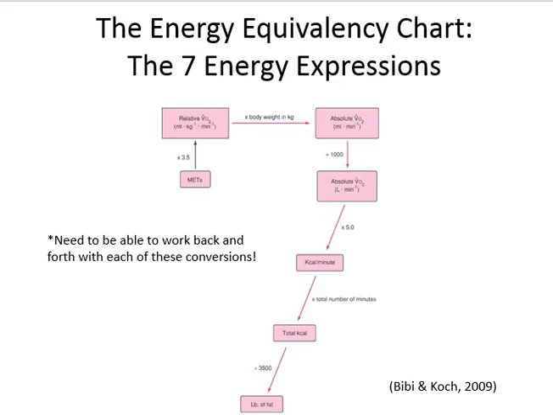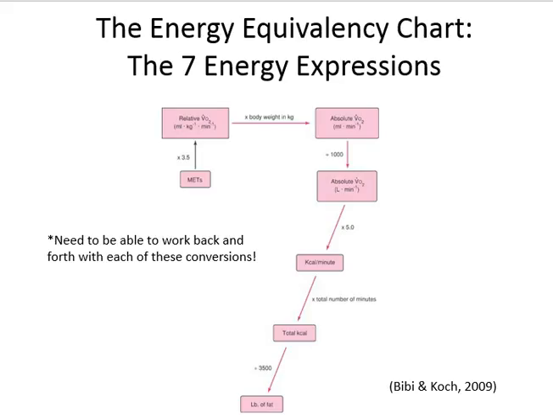And you may not have realized this, but if you have VO2 in liters per minute, 1 liter of O2 is 5 kcals. So you can get kilocalories per minute. And then if you know the number of minutes that someone is exercising, say 45 minutes, then you can get total kcals per session.